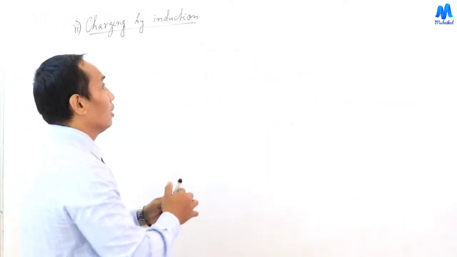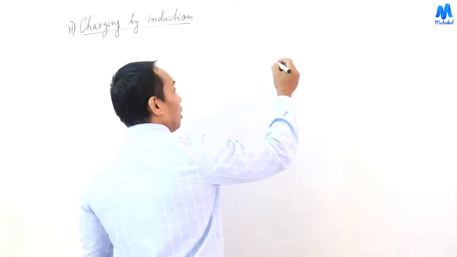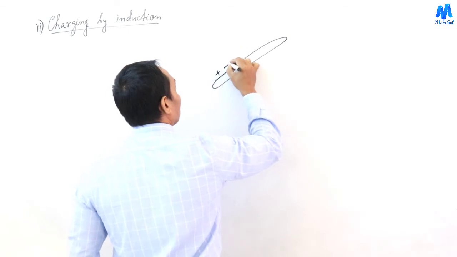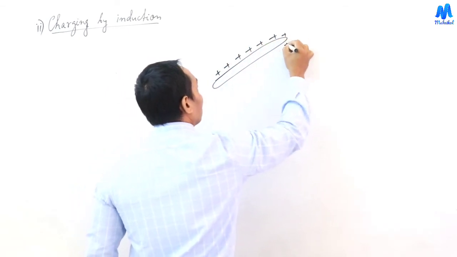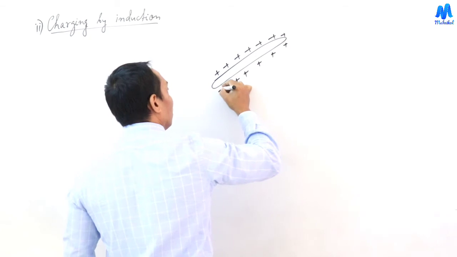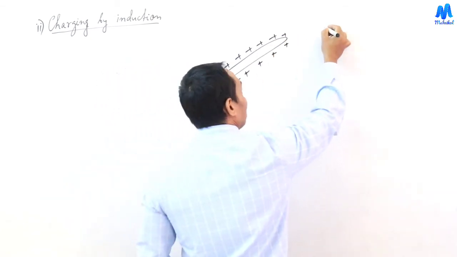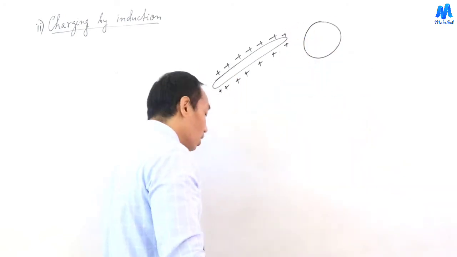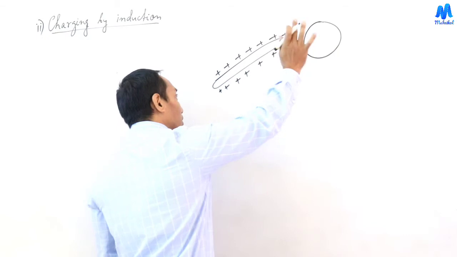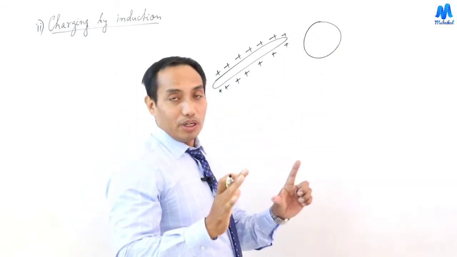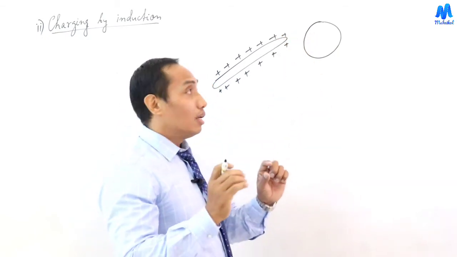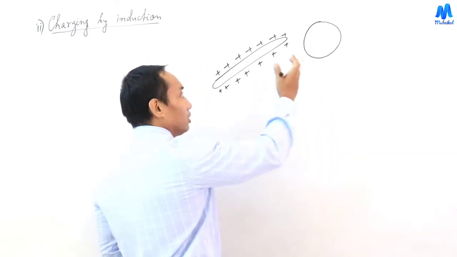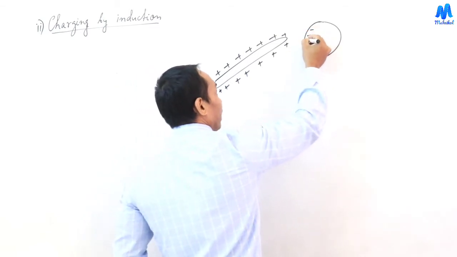Example, let us consider a positively charged body and an uncharged body, say it may be a sphere. The free electrons in the sphere carry negative charge, and they are attracted toward the positively charged body due to the attractive force.